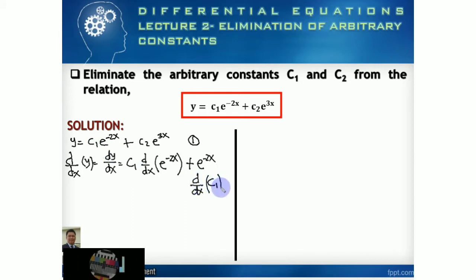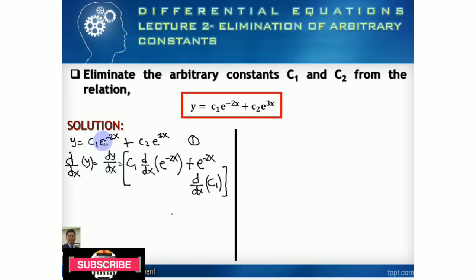After this, we are done with our first term. This is one term actually, so we are going to put it in a bracket, since it refers to the first term, C1 times e raised to the negative 2x, and we are taking the derivative of y, or dy over dx.